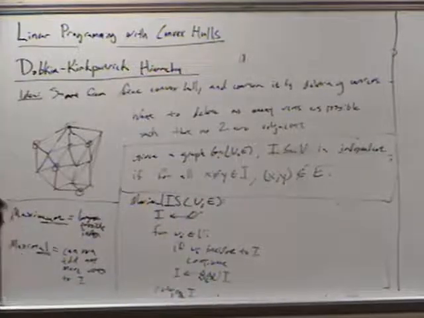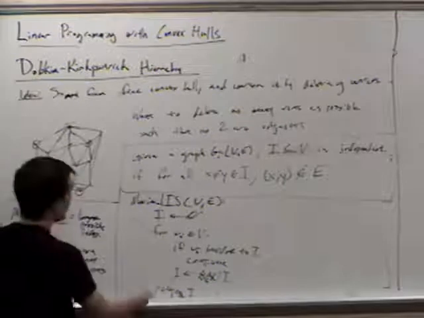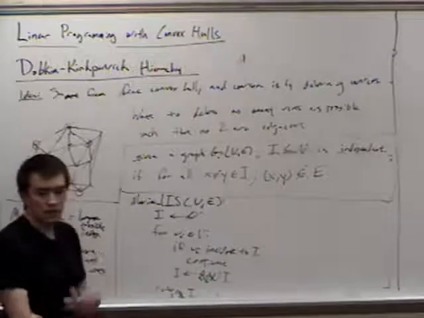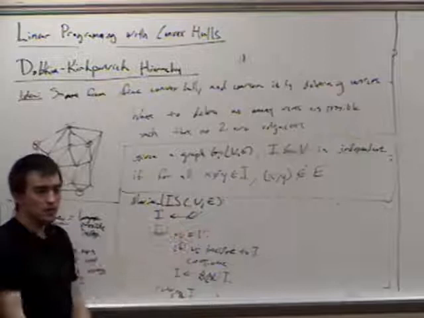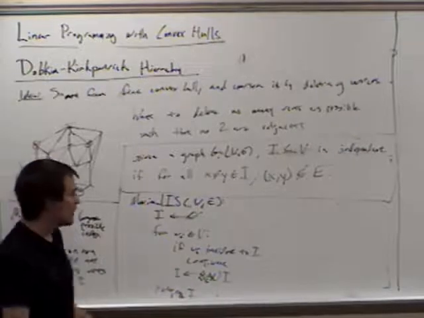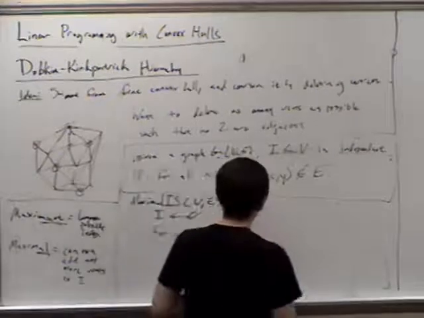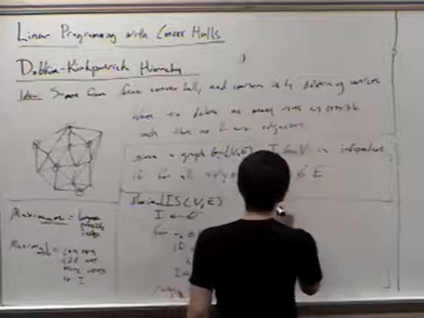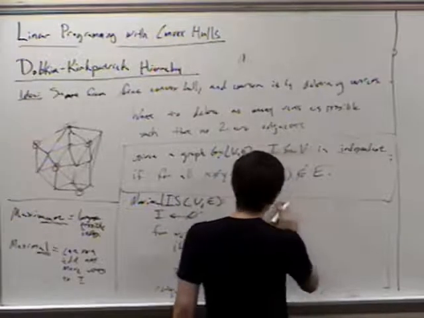In fact, we can actually keep track of the vertices which are incident to I by just marking them in a table. So when we add a vertex, we just march over all the edges incident to that vertex. And so the complexity of doing this is order n. So here's the simple thing.